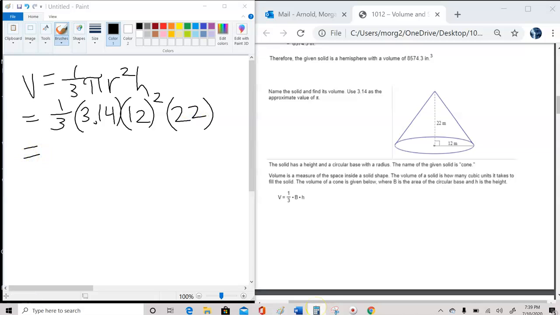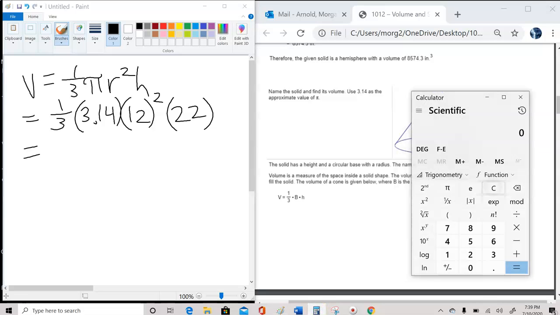So let's pull up our calculator and put everything in. 12 squared is 144 times 22 times 3.14, and then finally divide that by the denominator 3.